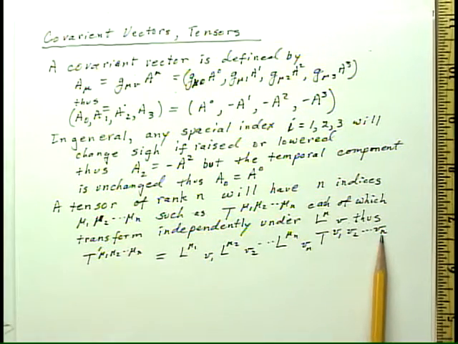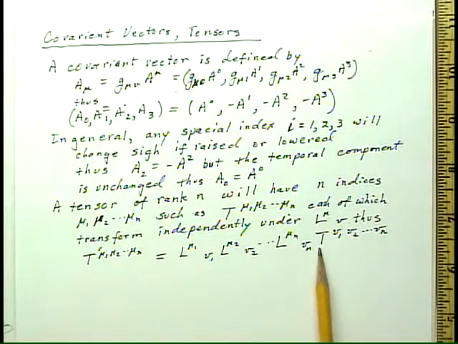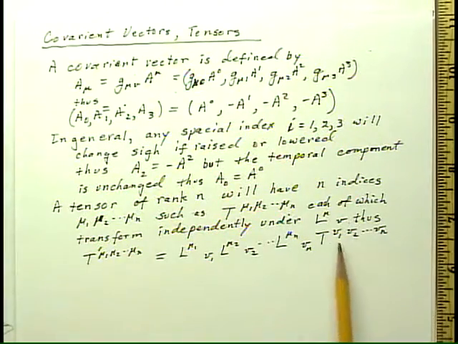In general, with n indices, it is 4 to the nth power different numbers that make up this object. So something with, say, 10 different indices is absolutely huge because it's 4 times 4 times 4 times 4 up to 4 to the 10th power different objects. These are all mixing up with one another under the Lorentz transformation in a way that forms that many new objects.